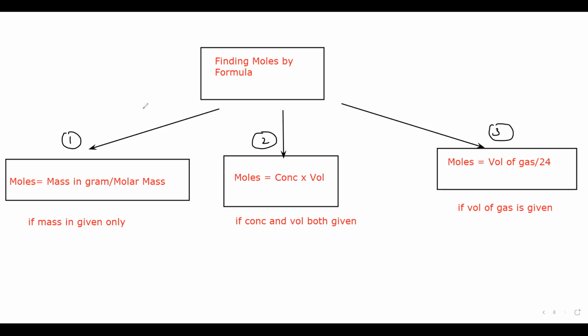If the first formula is used, write 1. If the second formula, write 2. If the third formula, write 3. The important thing is to recognize which formula you should use according to the question.